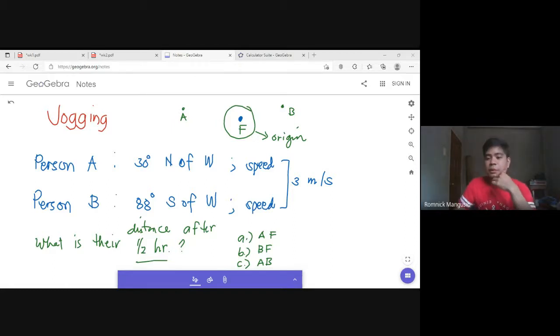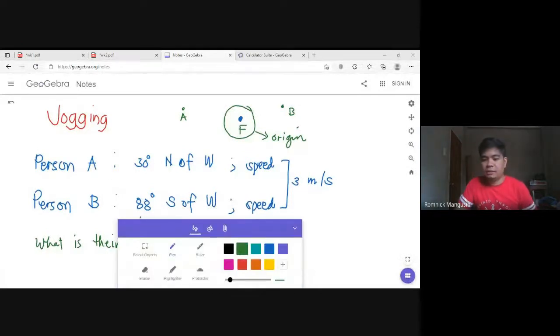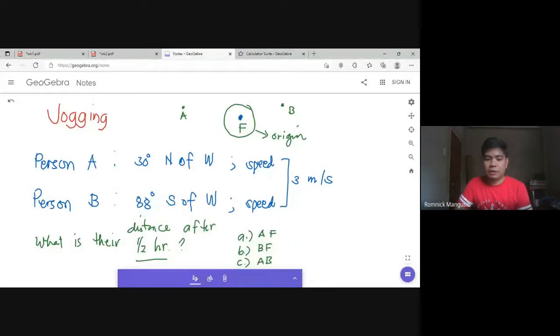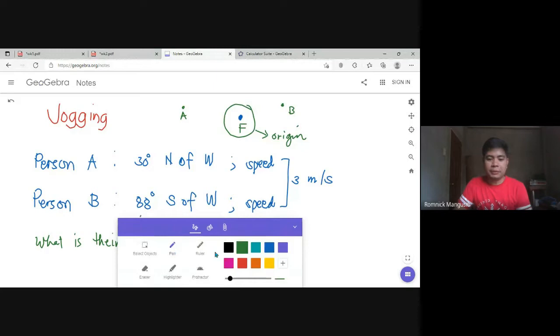Okay, so we are now going to find the answers. Let us solve now. So, tulad na sabi ko kanina, ang unang papansinin dito is the speed.